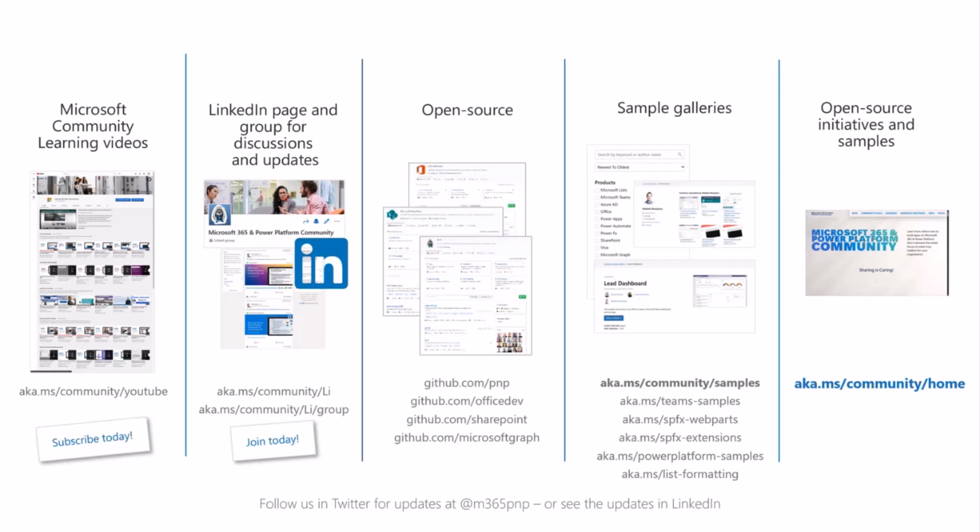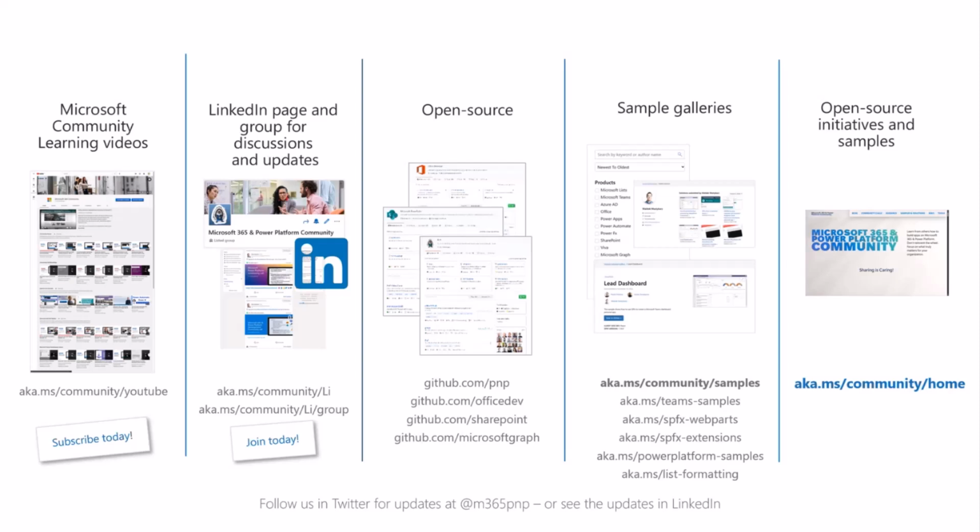We have a lot of open source assets available across multiple different organizations within GitHub, such as PnP, SharePoint, Microsoft, and many others. As it might be difficult to find the relevant sample you're looking for, we have this really cool sample gallery. If you go to aka.ms/community/samples, you can find all of the different samples from the community and Microsoft.